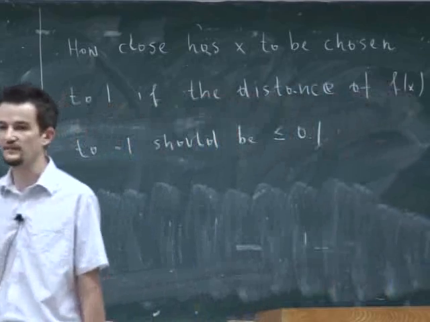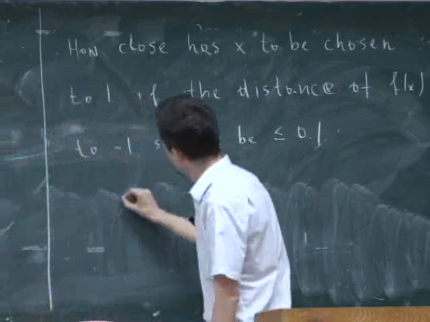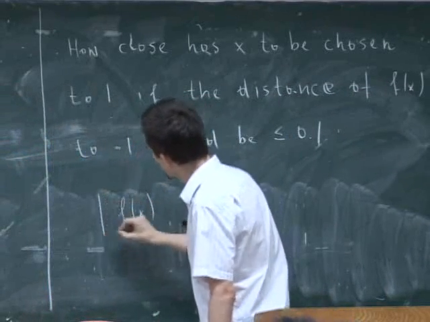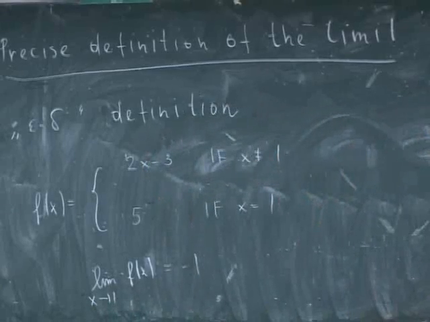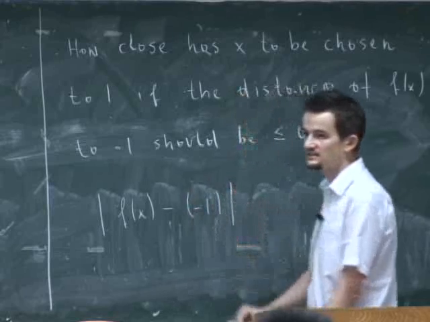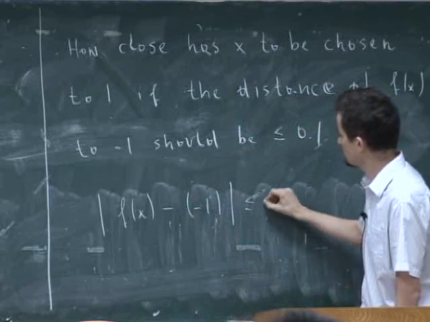So we can quantify this. We want to know how close do we have to choose x to 1 such that the distance between f of x and minus 1, its limit, is smaller or equal than 0.1.